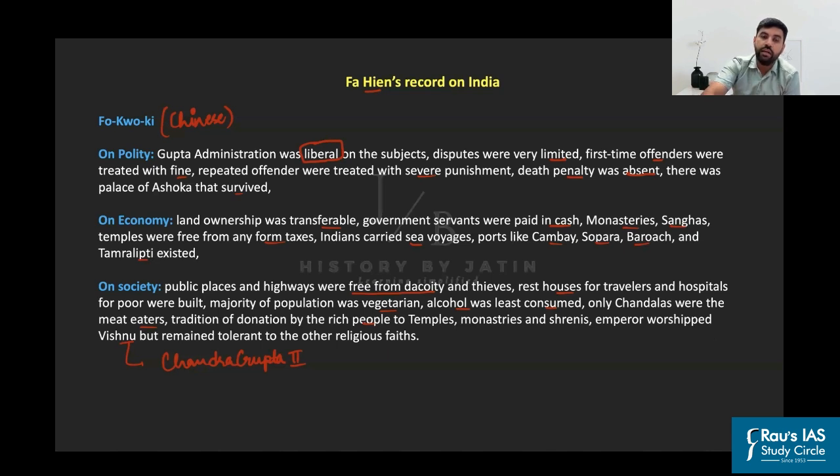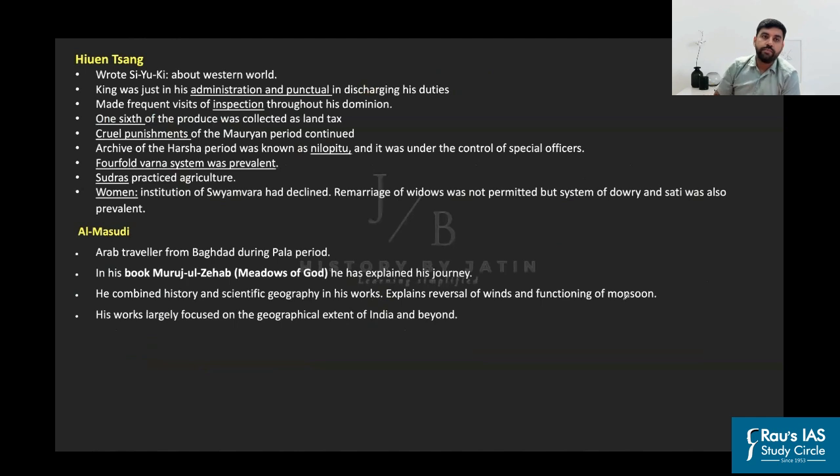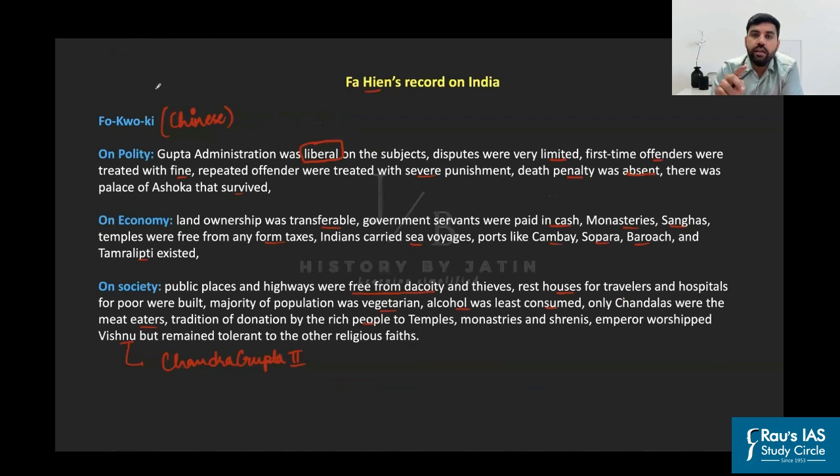Moving ahead to the next one, which is Huensang. Now, Huensang says the book which he wrote was Yuki, again Chinese, Mandarin, right? It talks about the Western world. Just a reminder, Fayan's Fukoki is more of a religious book.